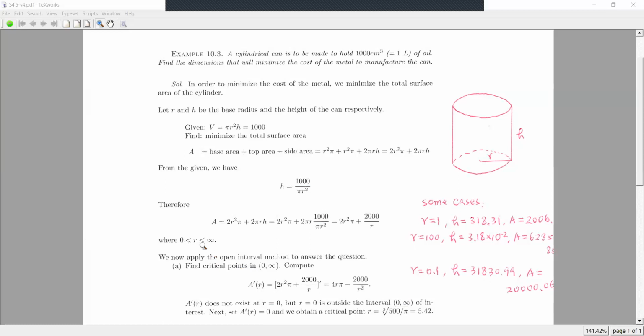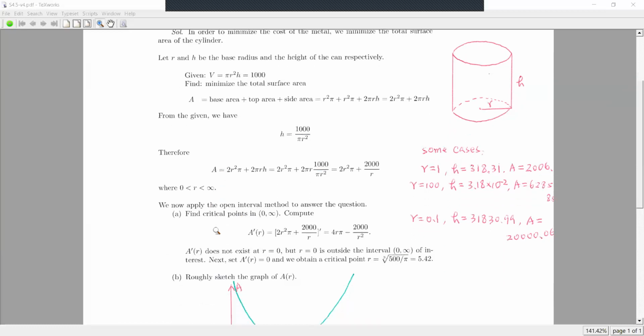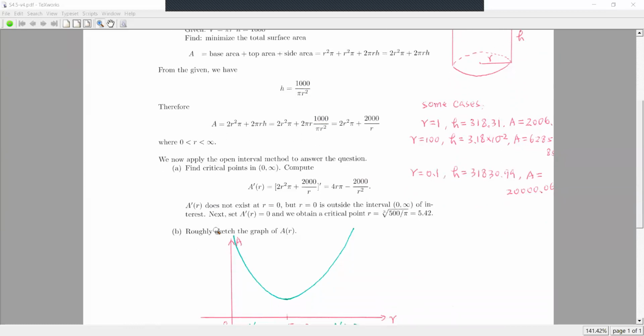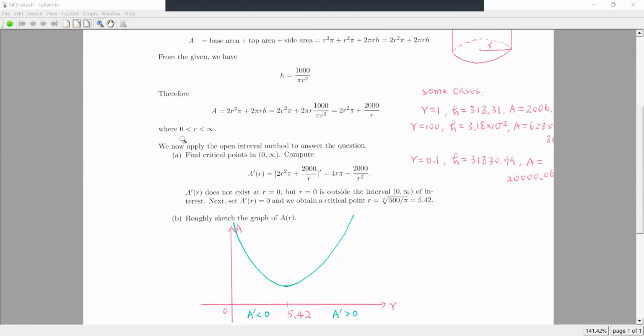Now the question is how to choose r so that A is as small as possible. Because the interval is an open interval, we apply the open interval method to answer the question.